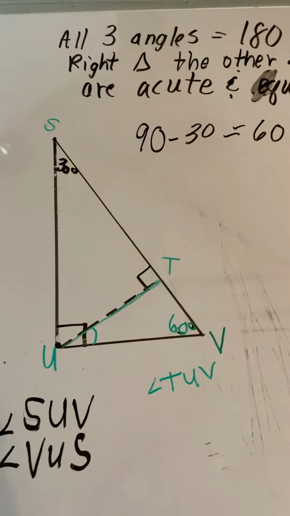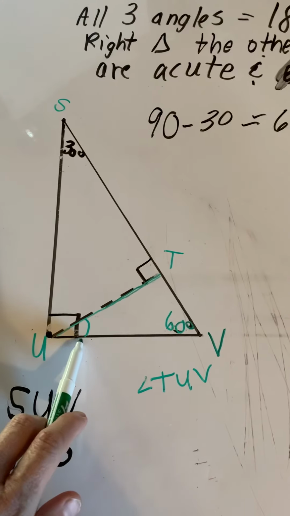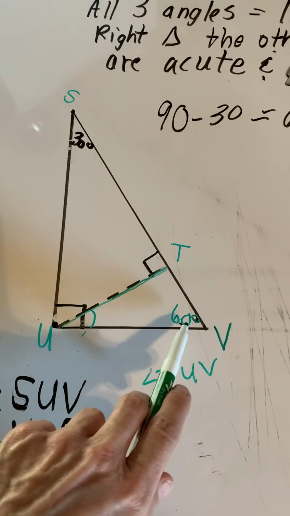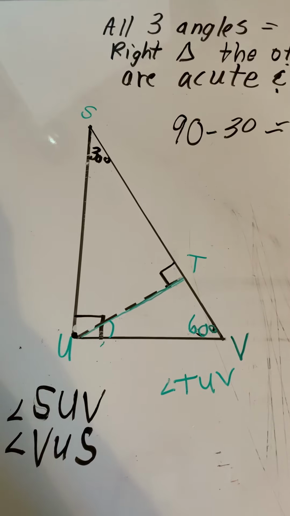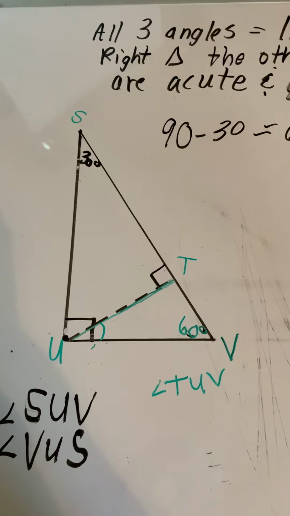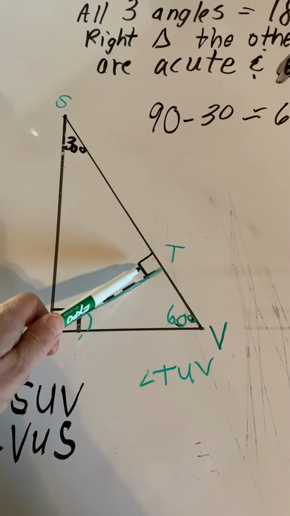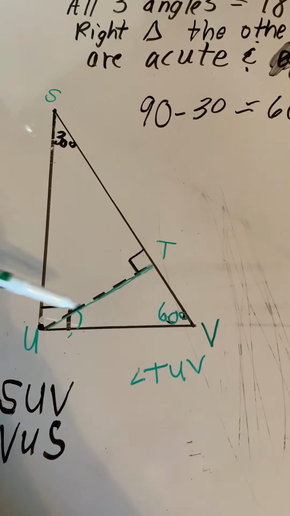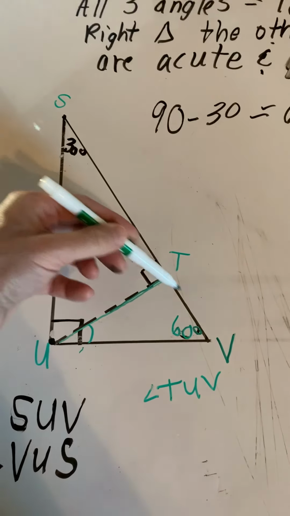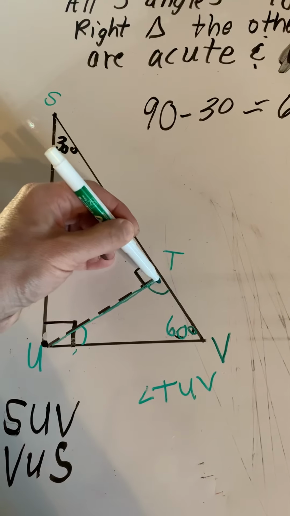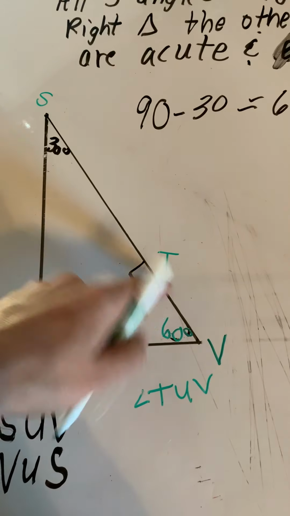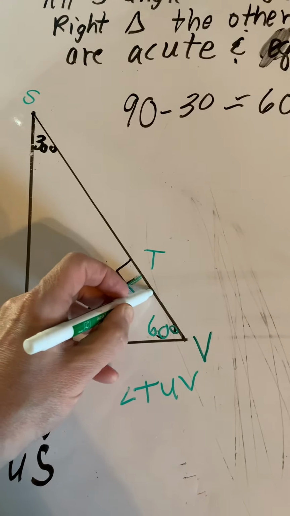So do we have enough information now to figure out what this TUV angle is? We do, right? Because we know that this right here is a right angle. So we know that UTV, this one right here, is 90 degrees as well, because we could draw the little 90 degree symbol on this side as well.